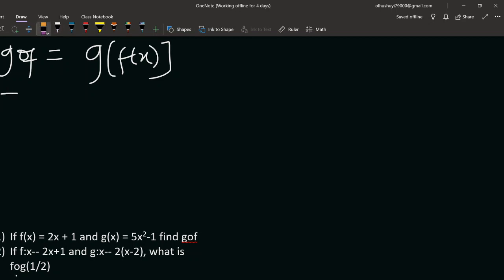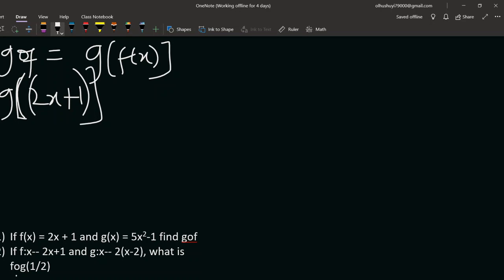So that implies that we have g. Let me wipe this. So what is my f of x? My f of x is what? 2x plus 1. And you have this. So if you have g of x, this means whatever you have there, let it represent x in your g of x, isn't it?